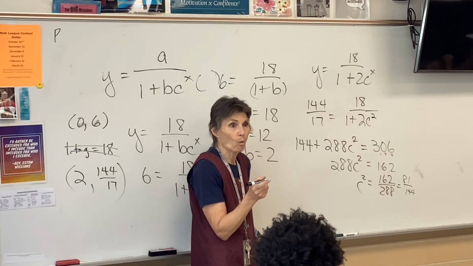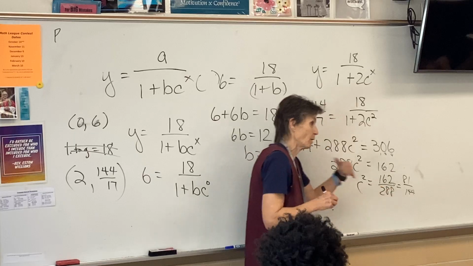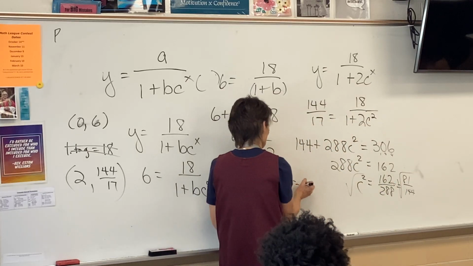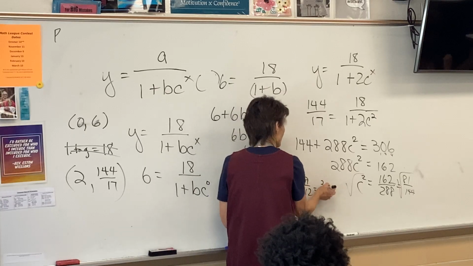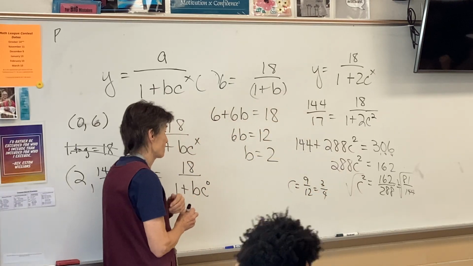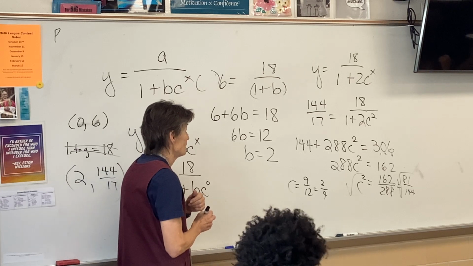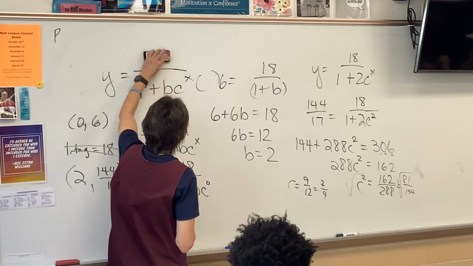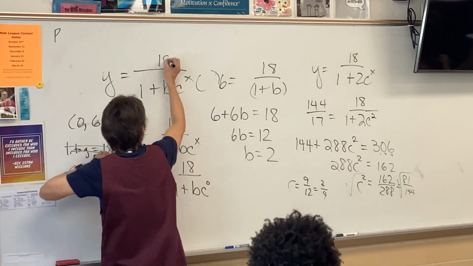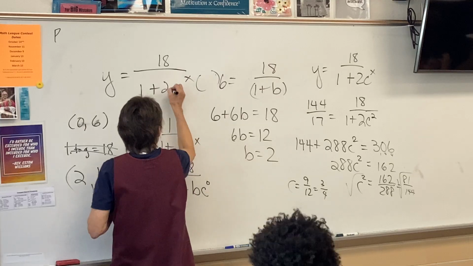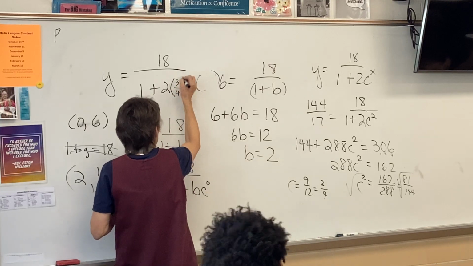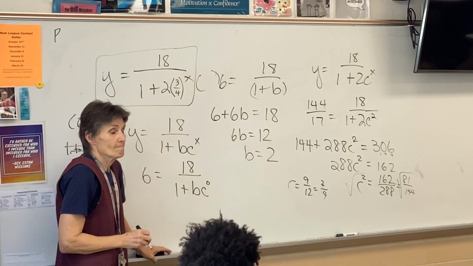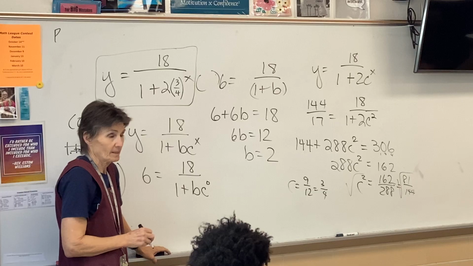It reduces even more, but I'm okay with 81 over 144, so it's 9 over 12, which reduces to 3 over 4. So after all that, that's a big problem. There's a lot going on there. After all that, my answer is 18 over 1 plus 2 times 3/4 to the x. There's a lot.